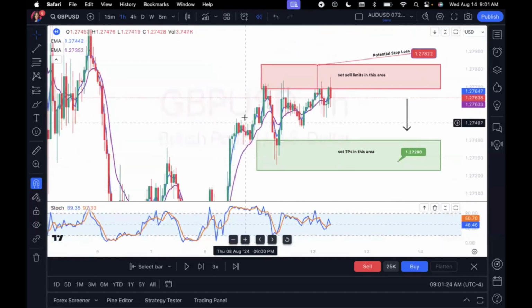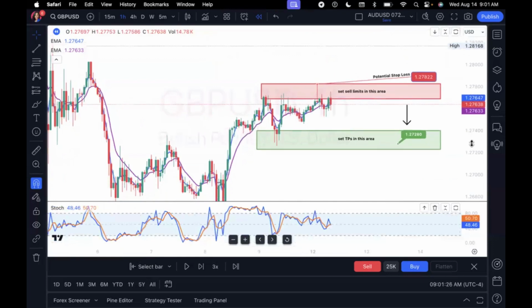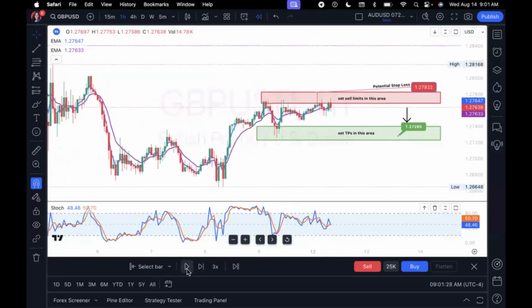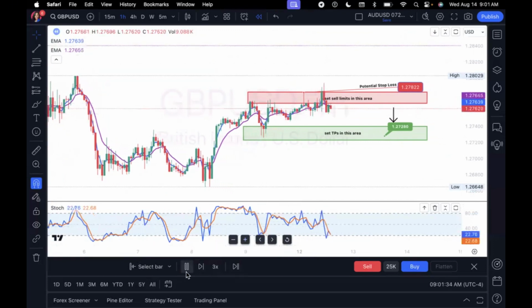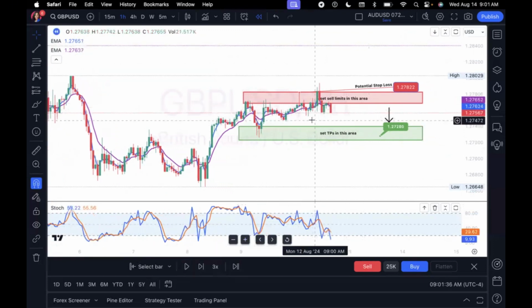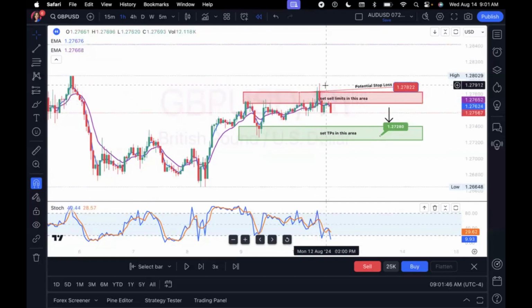However, that is the way that I decided to enter into the market. So we're just going to go ahead and play this out and see what actually happened in this trade. Okay, I'm going to pause it for a second. From where I wanted to enter, based on the unclear confirmations, we see that the market did push up even higher into the supply zone, creating a new high.